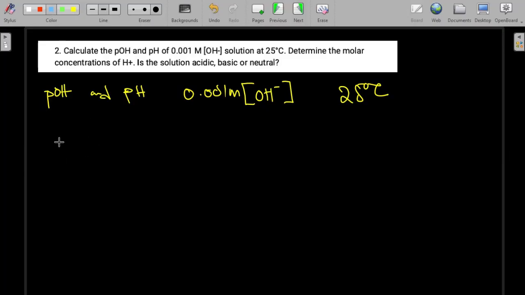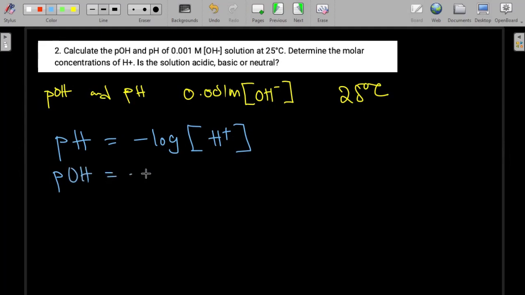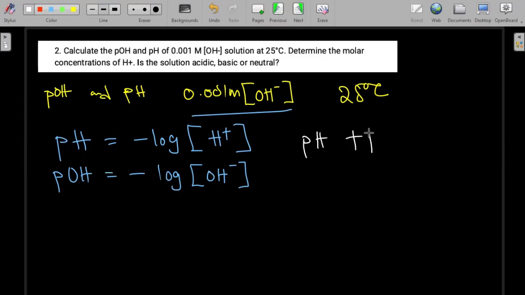The formula for the pH is simply minus log of the concentration of the H plus ions. If they ask you to find the pOH, it will just be minus log of OH minus. Since we have the concentration of the OH, we're going to use this. Once we have the pOH, we can easily find the pH because the pH plus the pOH should always give us 14.